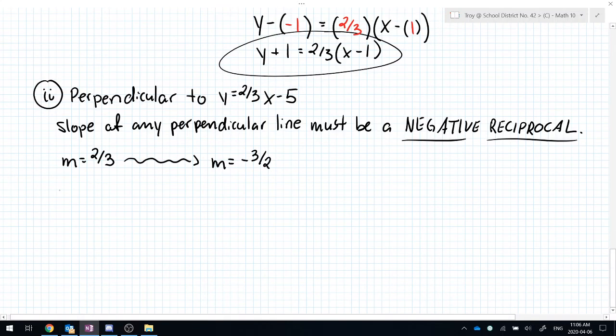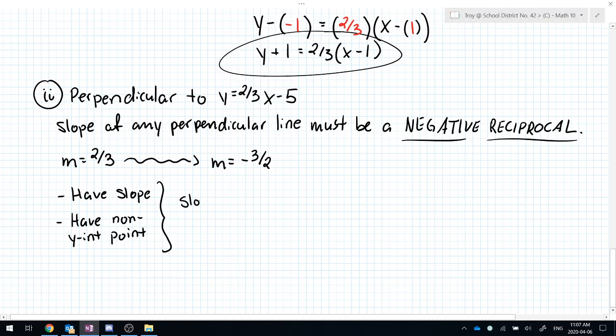So again, we have slope and we have a non-y-intercept point. Therefore, again, we're going to use slope point form.